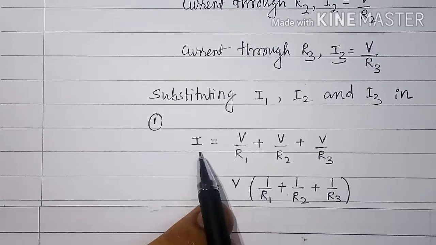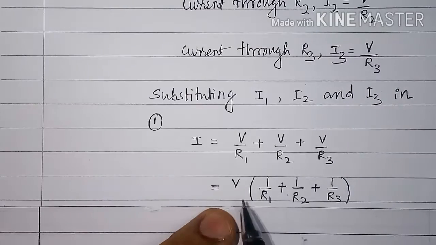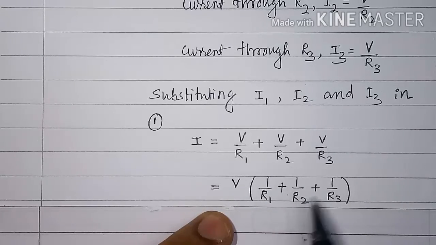In the equation for I, V is common. Taking V common outside, inside the bracket we get 1 by R1 plus 1 by R2 plus 1 by R3.